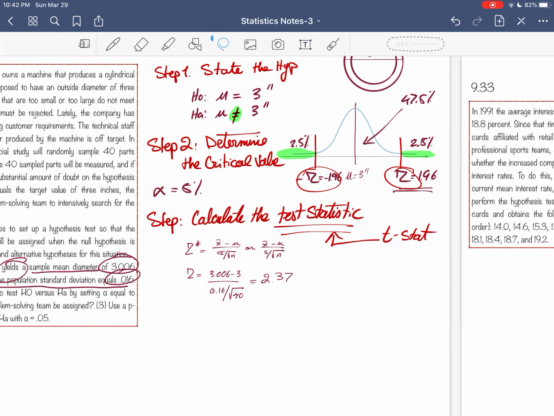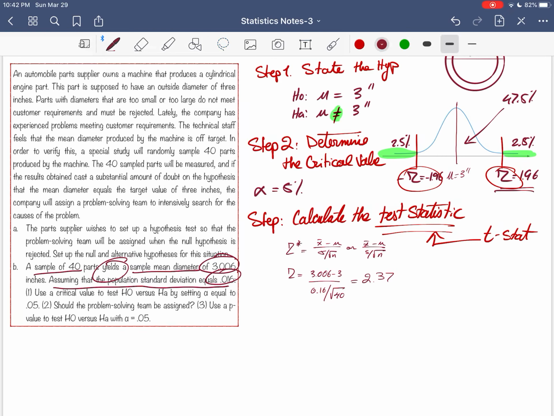Now, where is that test statistic relative to our cutoff mark? It's 2.37, excuse me, 2.37. Does it fall here or does it fall here?